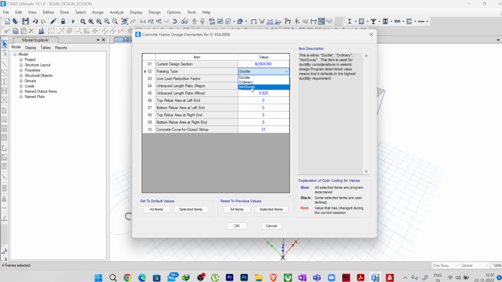And if you consider non-sway, it will design your beam sections as per IS 456, considering the frame as a non-sway frame, as is obvious. Okay, so in terms of beam design or column design, you have to keep in mind how you are going to consider the frame. For now, as I'm only talking about the beam design as per IS 456, I'm just taking it as non-sway and clicking on OK.